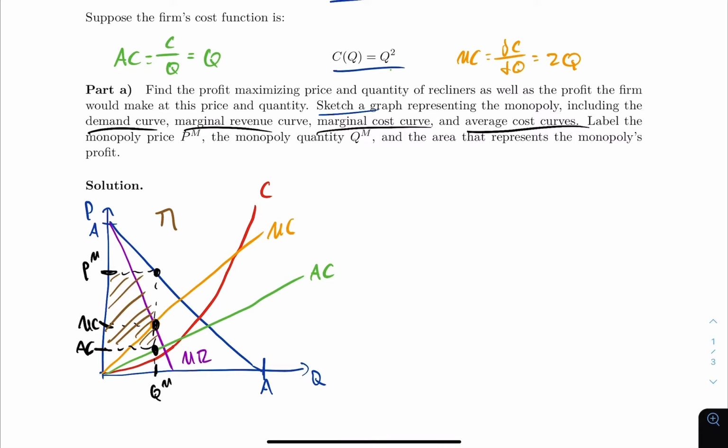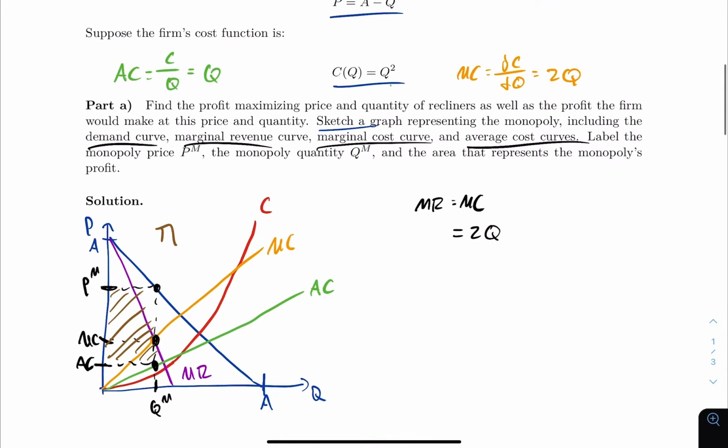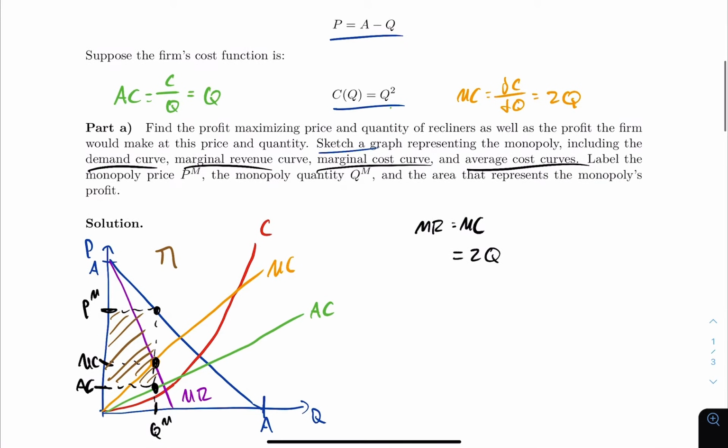So to do this, we just set MR equal to MC. MC is equal to 2Q, and MR, so we have to go ahead and do this. So R is equal to price times quantity. Price is given here, so that's A minus Q, and then we multiply that by quantity.